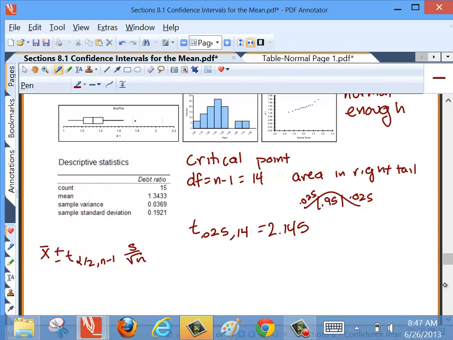So here's some output for Megastat. Count, that's your n sample size. Mean, that would be your x bar, and sample standard deviation would be your s. You can just pull all the values from the output. So my sample mean is 1.3433 plus or minus our 2.145 times s, 0.1921, over the square root of 15.